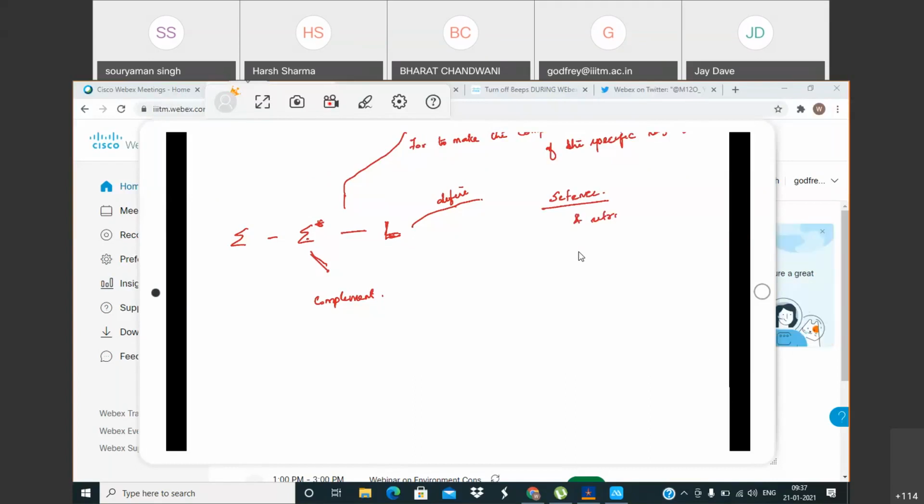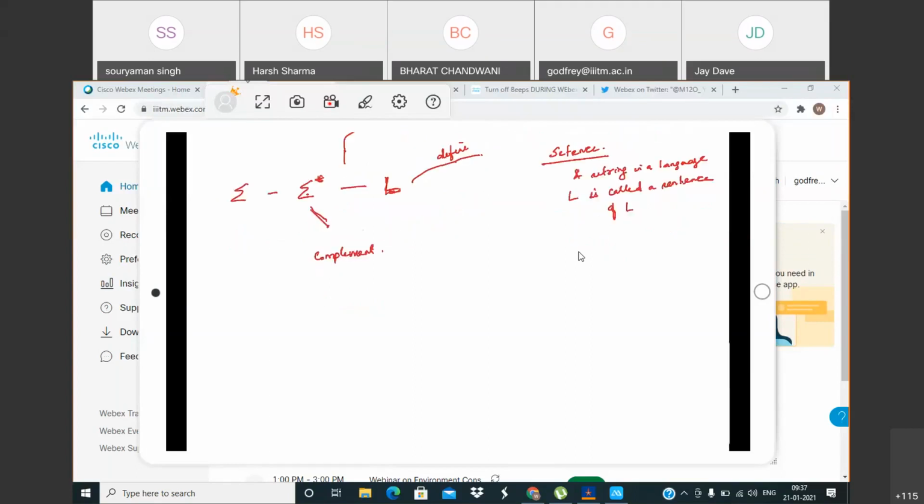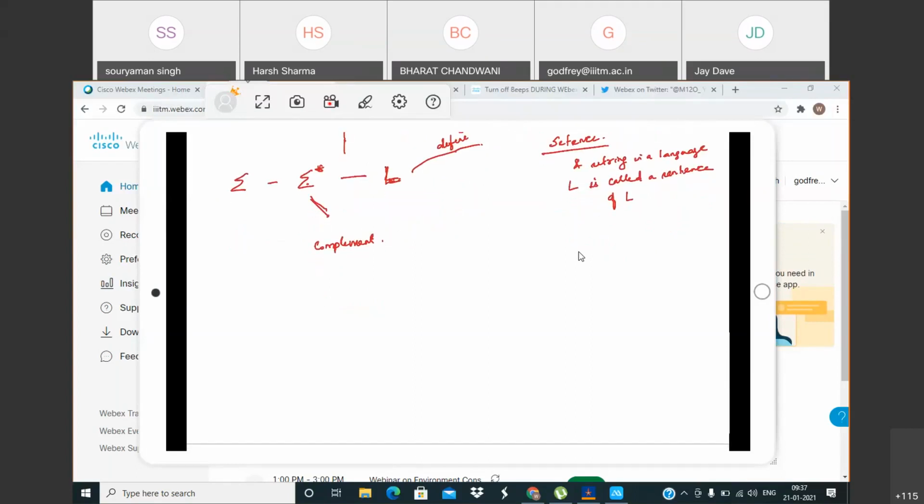A string in a language L is called a sentence of L. So you have alphabets, then you have strings, and then you call them sentences.